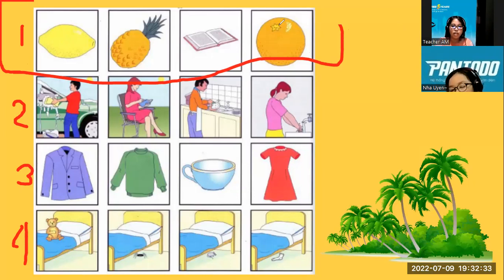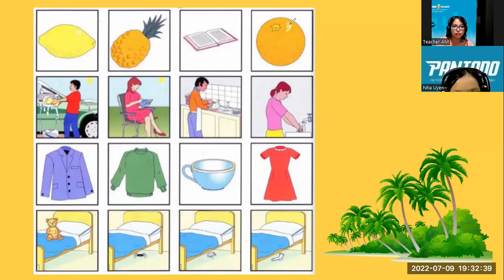Okay, so which picture doesn't belong to the group?